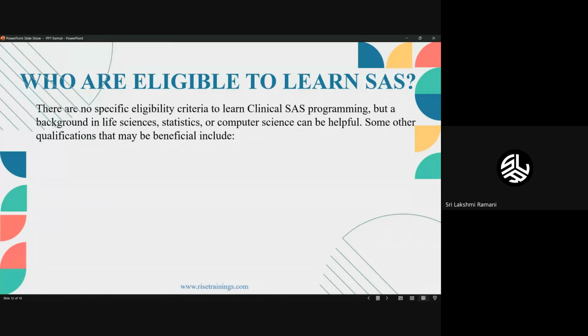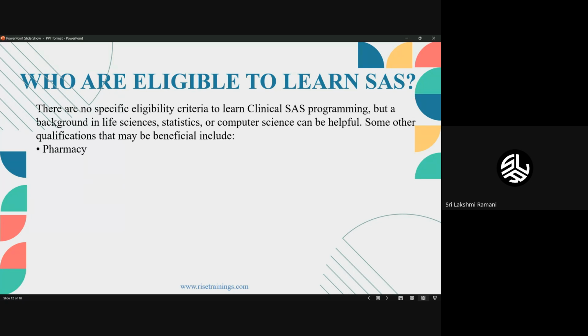It might finish fast, but it's not accurate and precise, right? So we can use the SAS language to analyze the data. That's how we can use it on our own. But yes, most of the clinical background is using SAS.